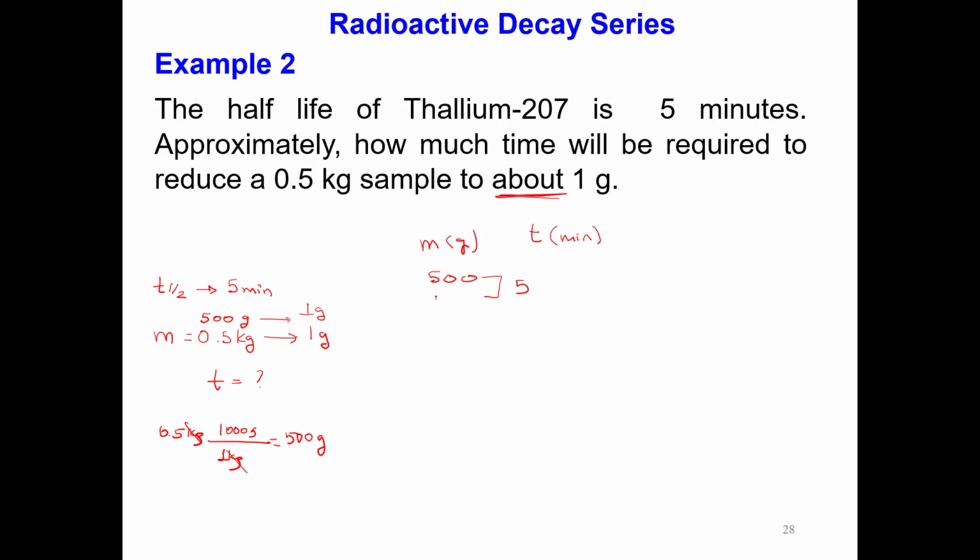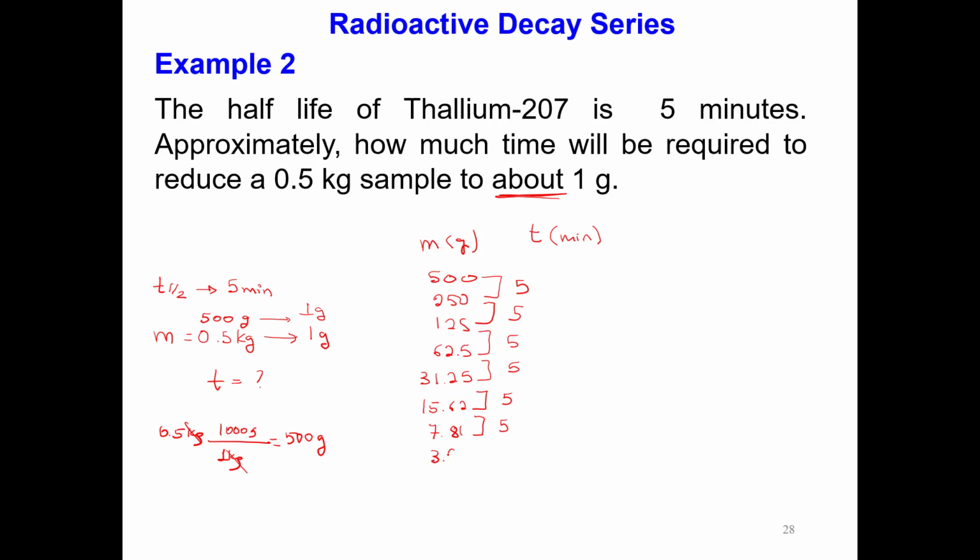Now we do the same: 250. And to reduce this in half, it will take another 5 minutes. Then to reduce this one in half will be 62.5. It will take another 5 minutes. To reduce this one in half, it will take another 5 minutes, and again another 5 minutes.